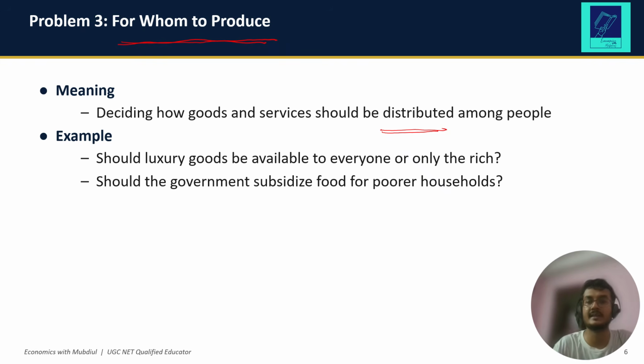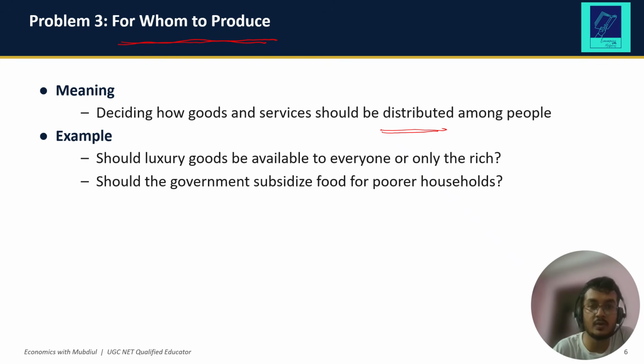Imagine your mother bakes one large birthday cake. There are 8 people in your family. How should the cake be divided? Should everyone receive an equal piece? Should children receive more? Should the birthday person receive the biggest slice? There is not one universally correct answer.